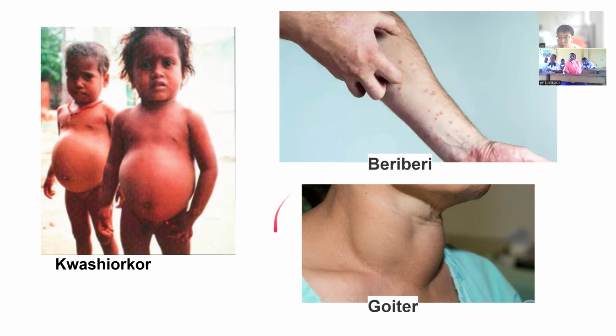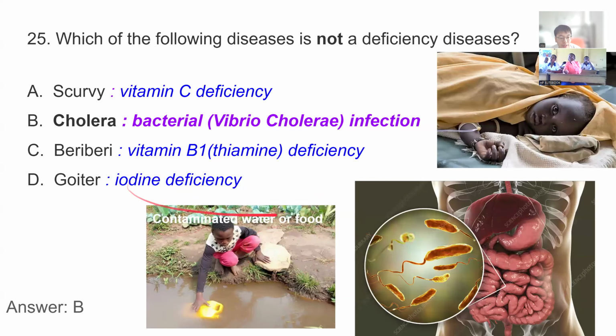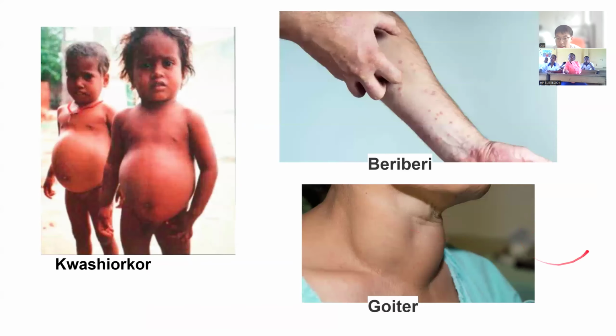And the picture on the bottom right is goiter, which is an iodine deficiency. It causes an enlarged thyroid gland. So in the neck area, it'll be enlarged and swollen.